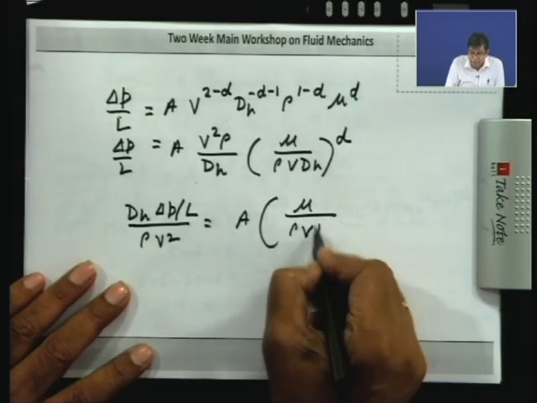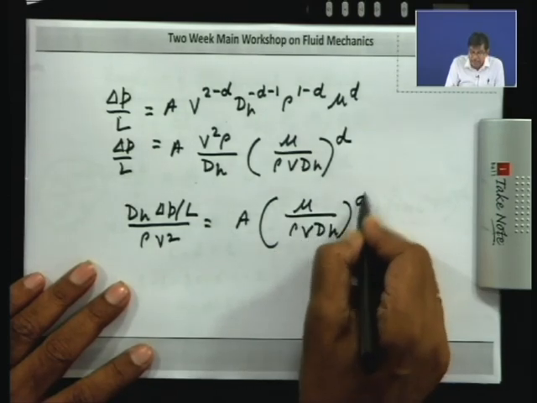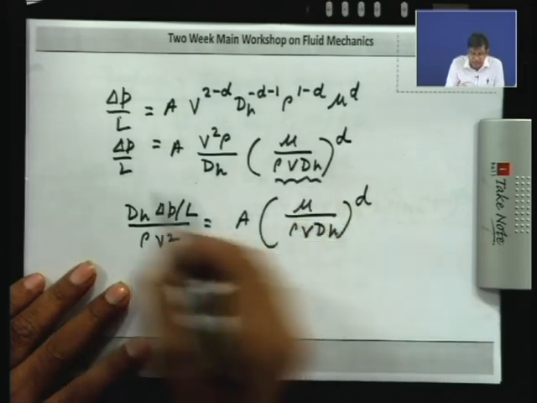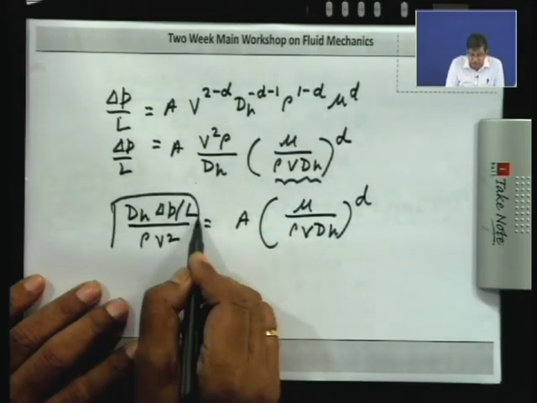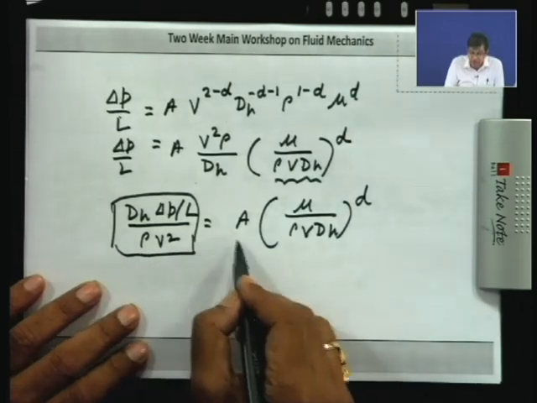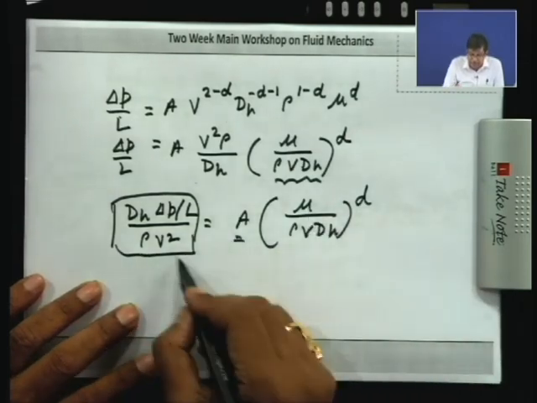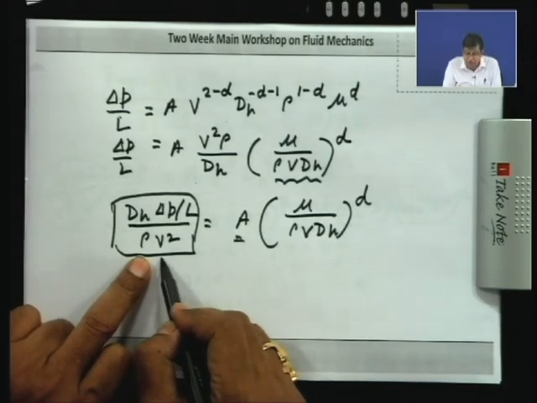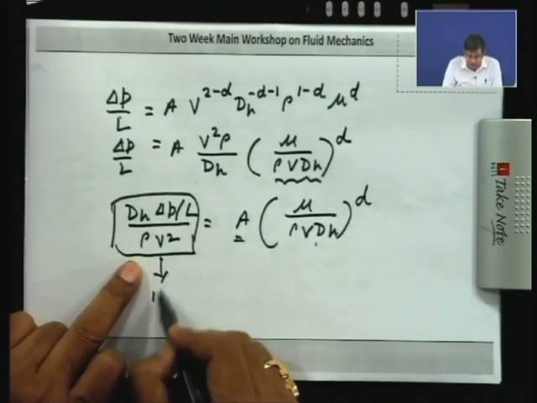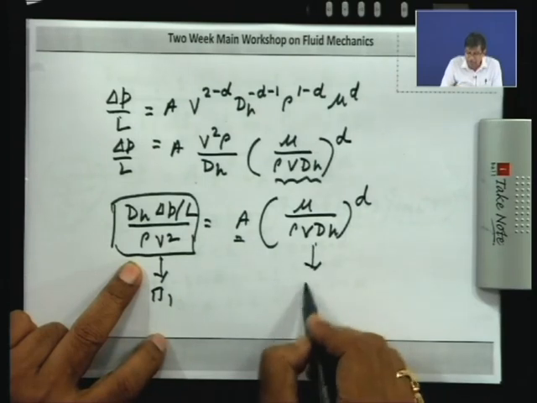From dimensional similarity, since this is non-dimensional, these two combined mean that this non-dimensional term is a constant into this. That tells us that ultimately the problem is defined by this non-dimensional term and this. That means this is pi 1 as per Buckingham pi theorem, this is pi 2.